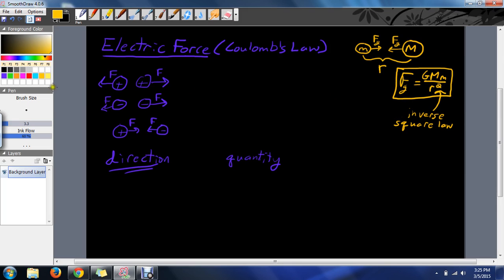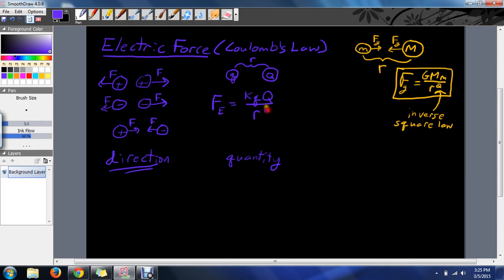Coulomb's law is very similar, where if we have two charges, little q and big Q, separated by a distance r, then the force between them will be given by this equation.